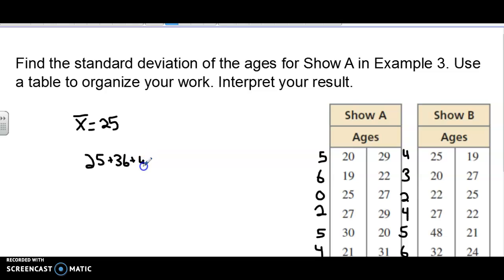Plus 2 squared, which is 4. 5 squared again is 25. 4 squared is 16. 4 squared again is 16. 3 squared is 9. 2 squared is 4. 4 squared is 16. 5 squared is 25. And 6 squared is 36.